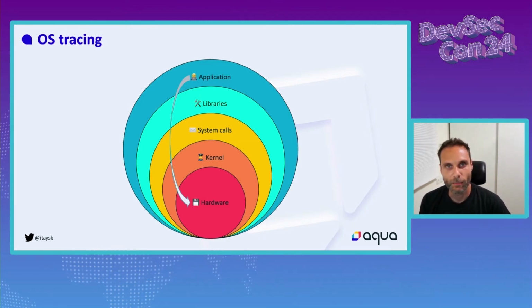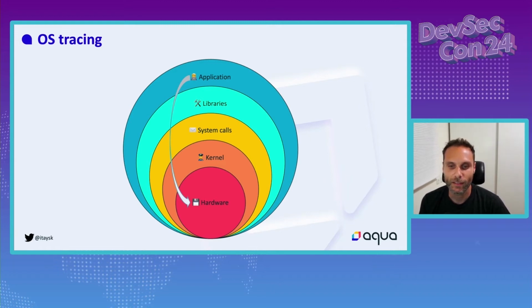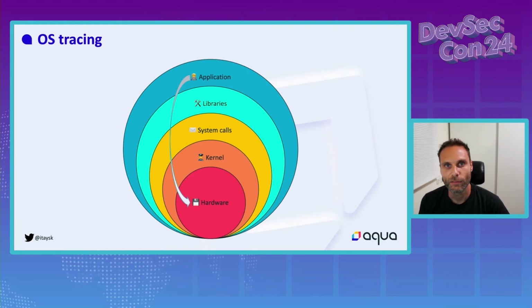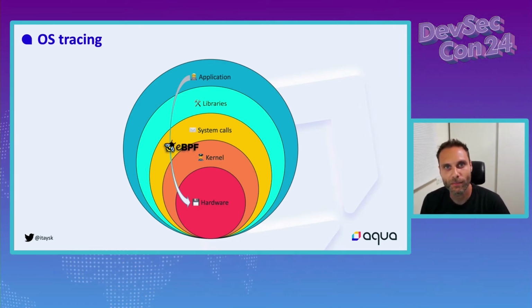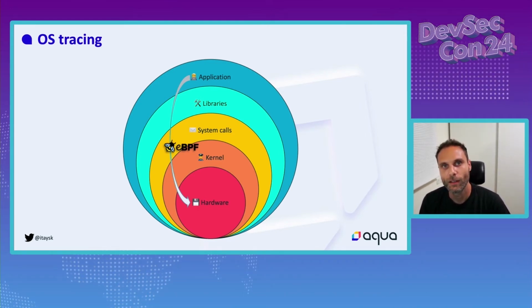And the reason that I'm sharing this at this moment is to show you exactly where eBPF fits in. eBPF lets us plug right there between the system call and the kernel. And this is the perfect place for us to be if we want visibility into everything that happens on the computer.